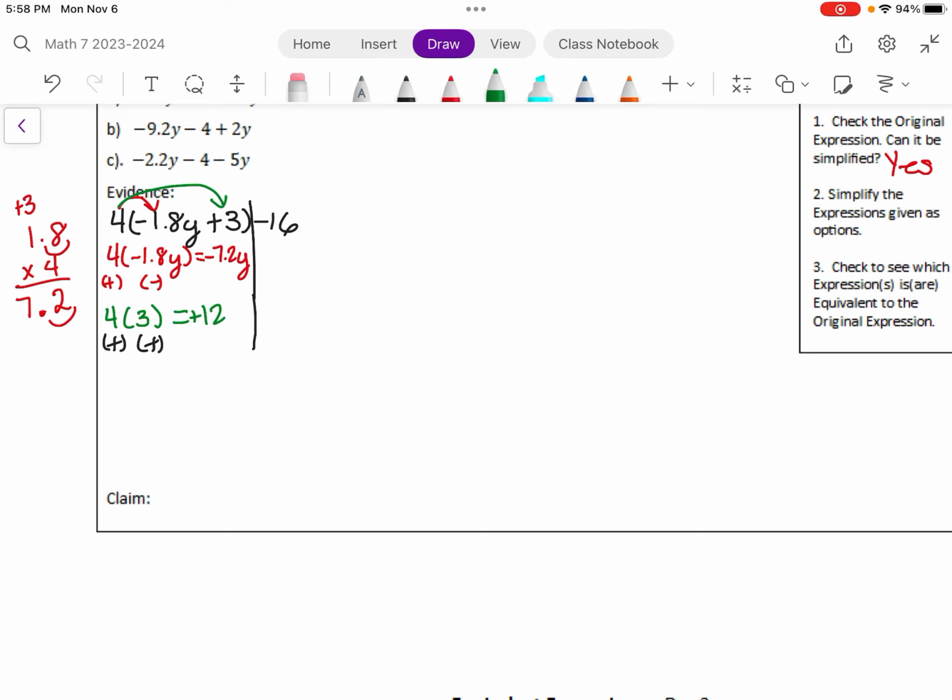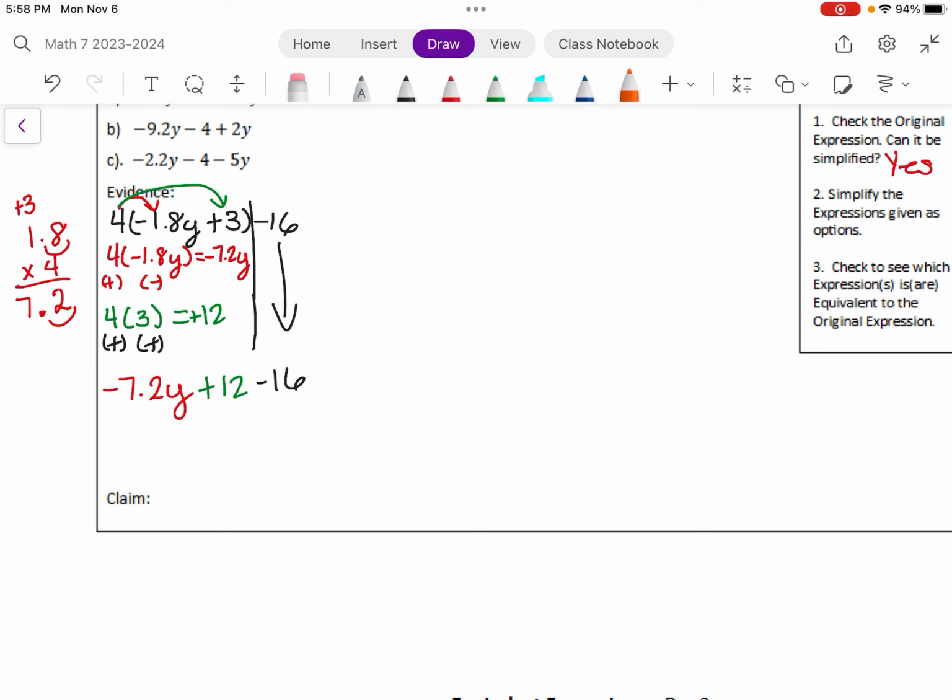Now I can put it together into one expression. So negative 7.2y plus 12, and then bring down that minus 16. Okay. Here I have like terms. I have my 12 and my 16. Okay.